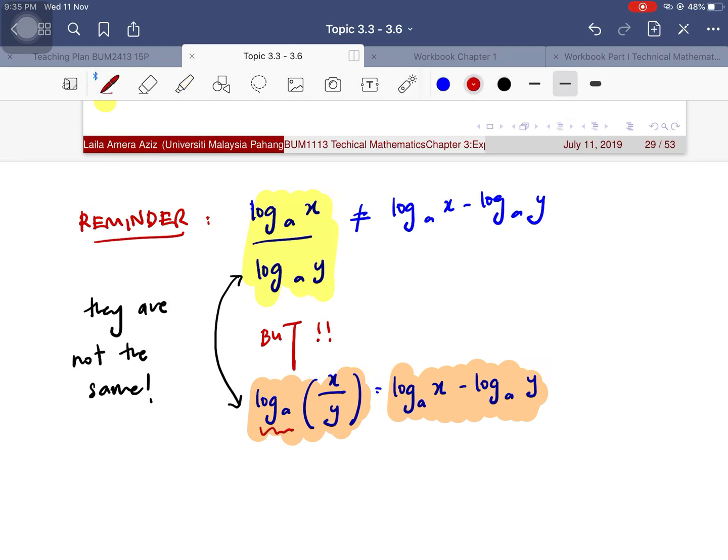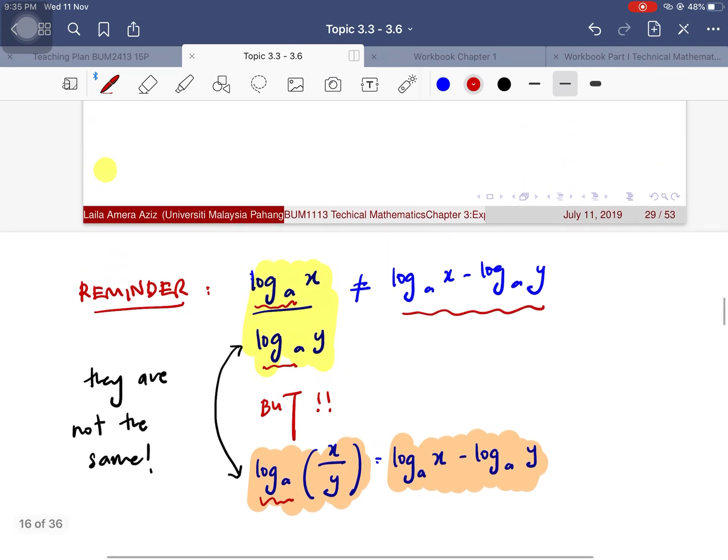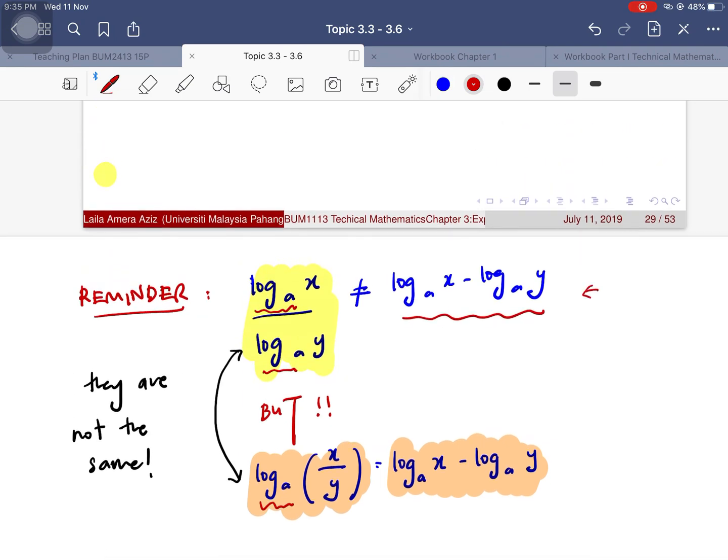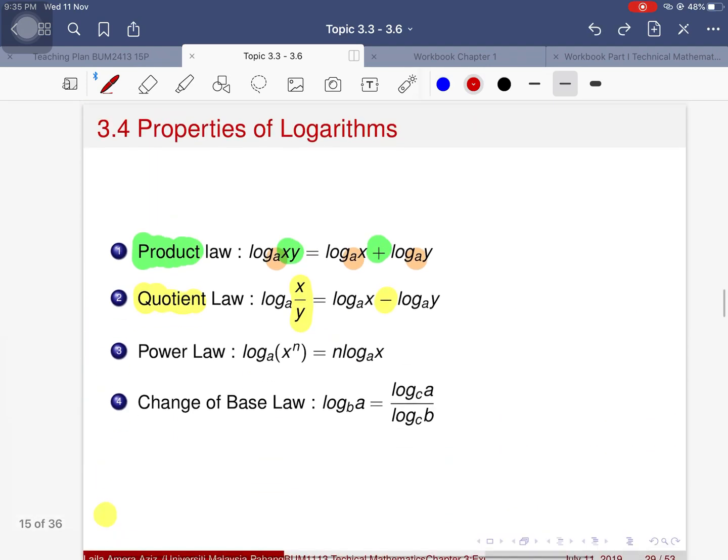In the first case they share the same log, but here you have a separate log at the top and a separate log at the bottom. So it is not equal to log of x minus log of y. Please bear in mind that these two are not the same. When you come across them like this, please do not use the quotient law.